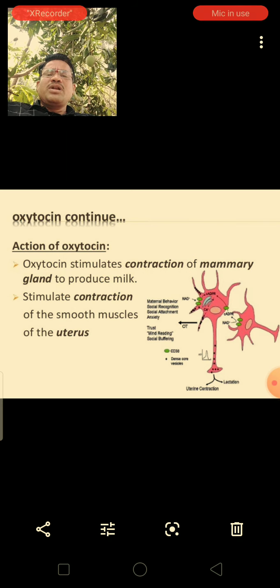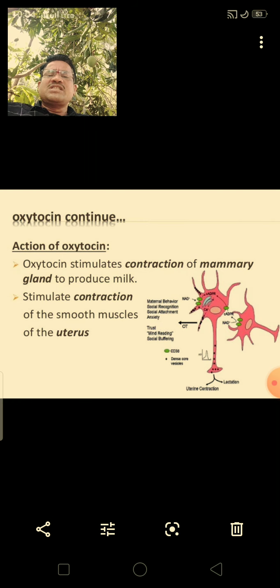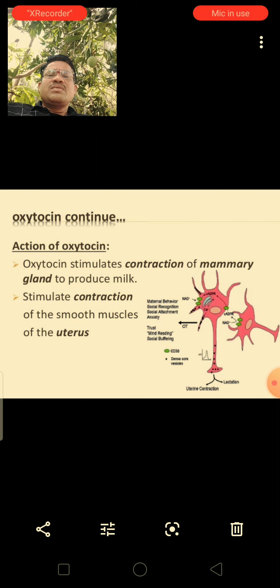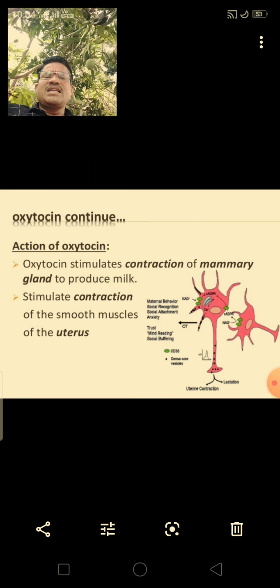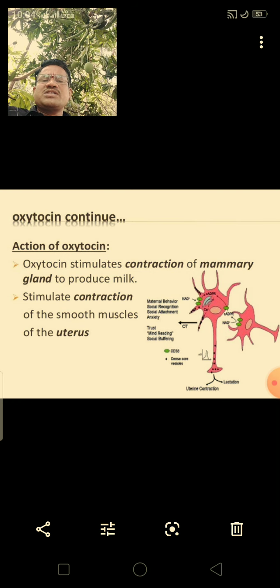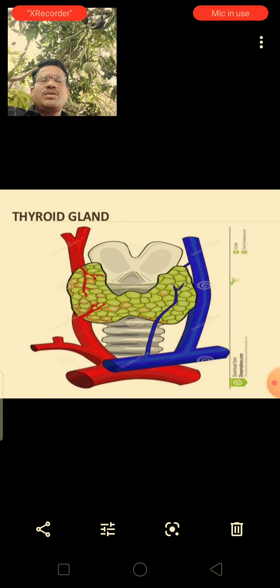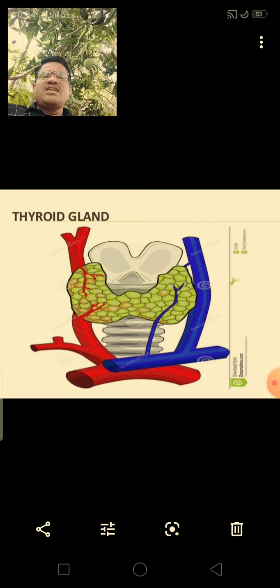It stimulates contraction of the smooth muscles of the uterus at the time of birth. Once again, oxytocin stimulates contraction of the mammary gland to produce milk and stimulates contraction of the smooth muscles of the uterus.